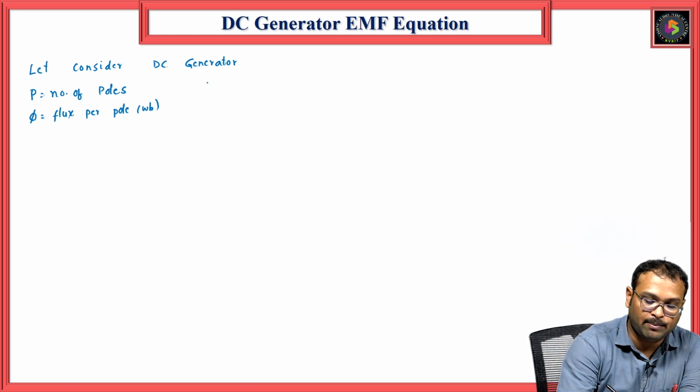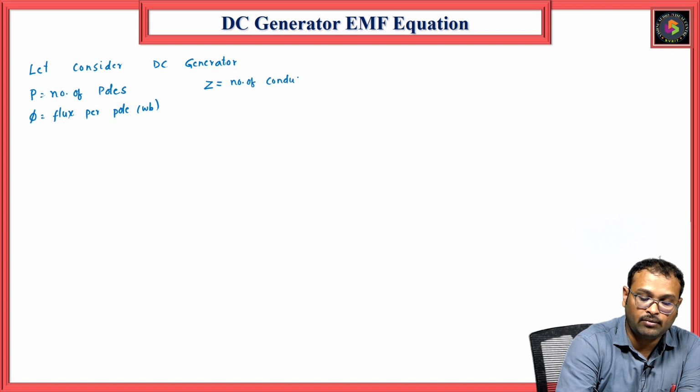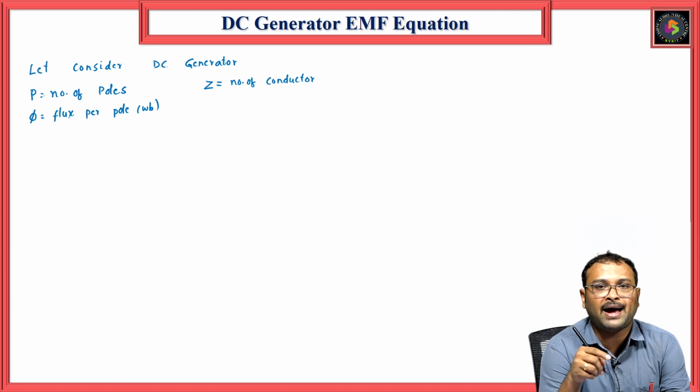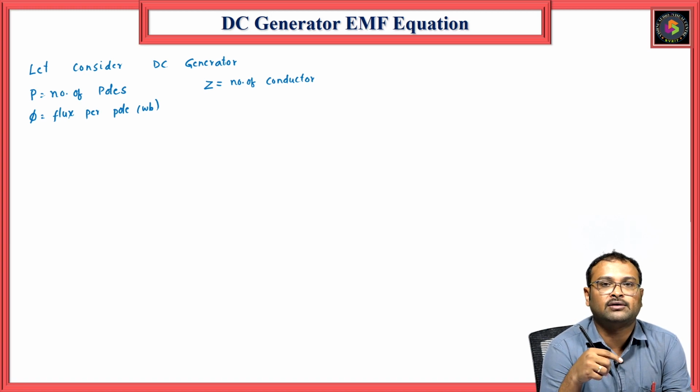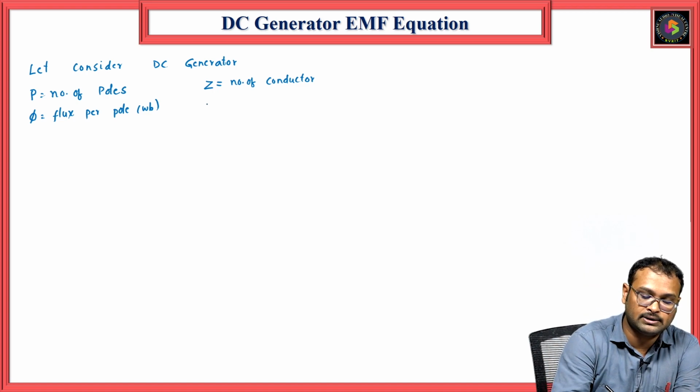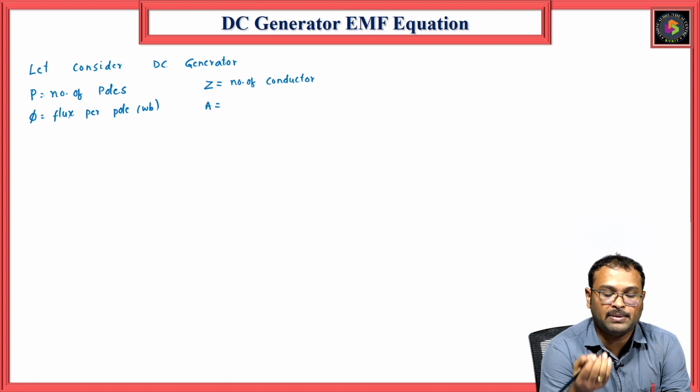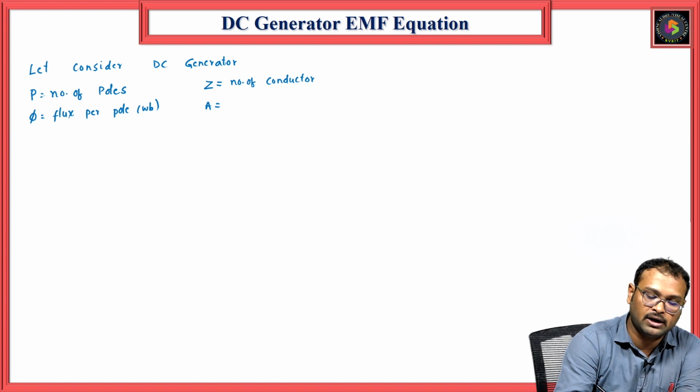Then we will consider the number of conductors. Z is the number of conductors. We already discussed that these conductors are connected in a proper manner, so the complete set of conductors is known as the armature winding. Next, A is the number of parallel paths.